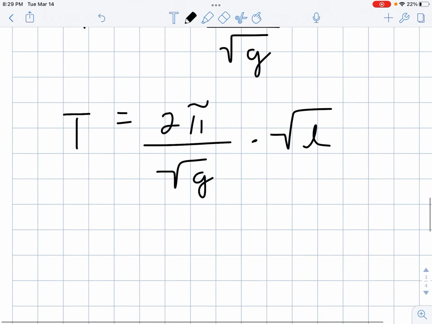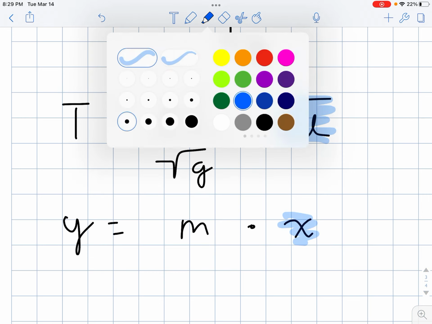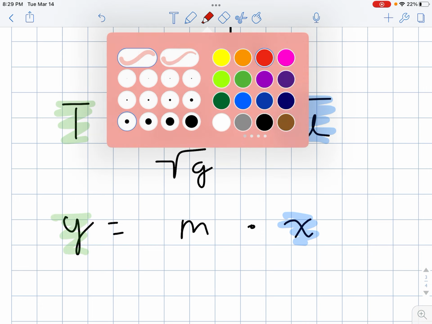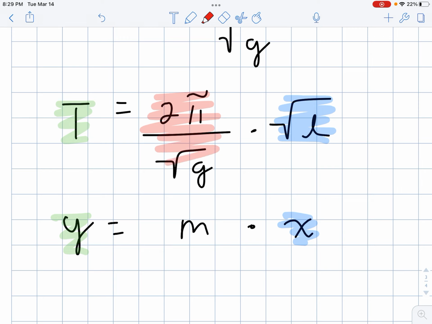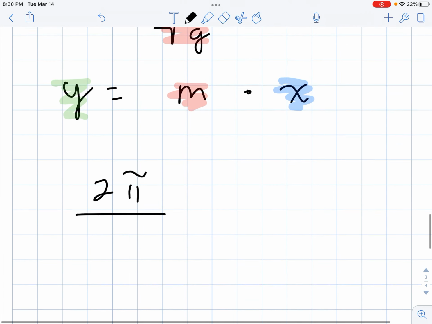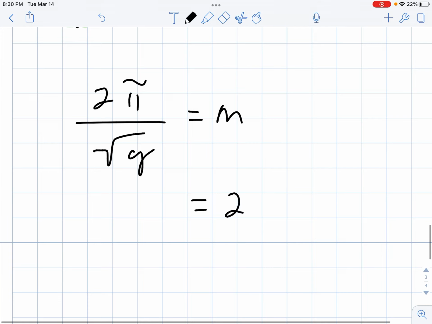All right, so now we again have the expression y equals m times x. Just check it because we graphed the square root of L on the x-axis, and we graphed period on the y-axis. So this expression right here is our slope, right? So if we set 2 pi over square root of G equal to m, and we know the m value is 2, we can replace m with 2.